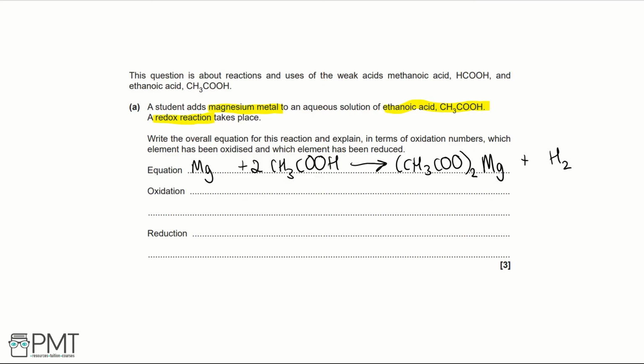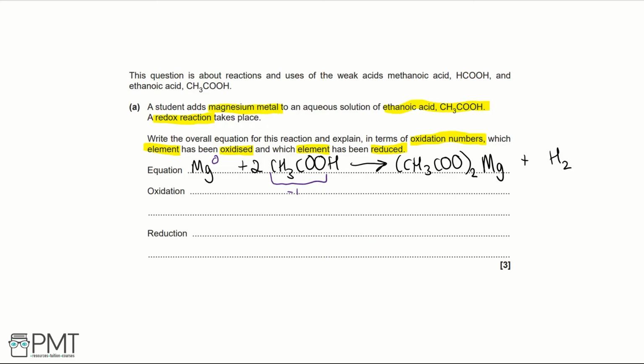Next, we need to look at oxidation numbers and work out the element being oxidized and the element being reduced. So looking at magnesium first, any element in its base form will have an oxidation number of 0. Then CH3COO has a -1 oxidation number as this ethanoate ion.